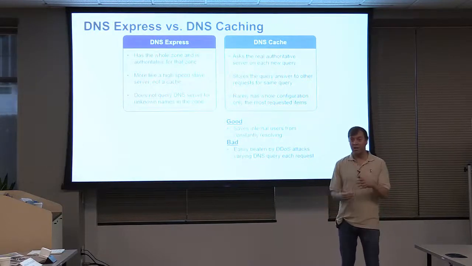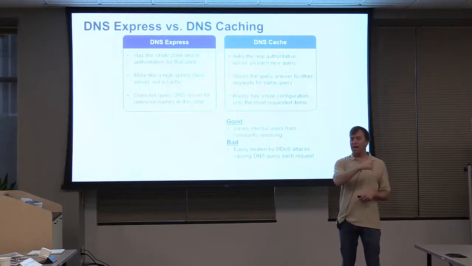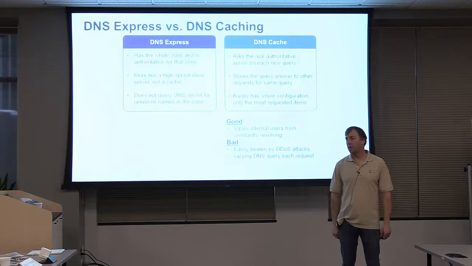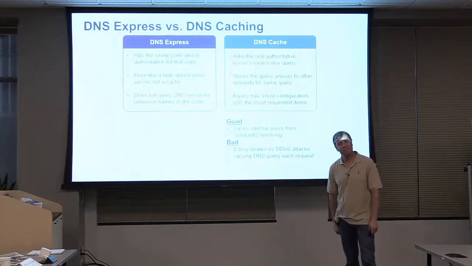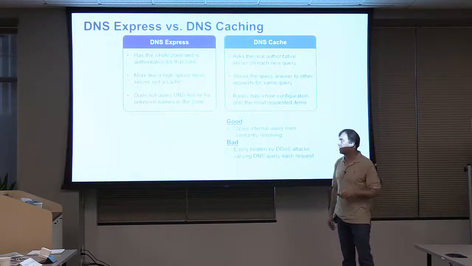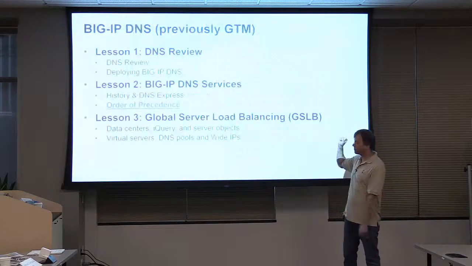You want them to get a legit answer. The hackers will too, but we'll at least continue serving the legitimate clients. Okay? Kind of make sense? Not a cache. Different perspective. More like a high-speed slave server.